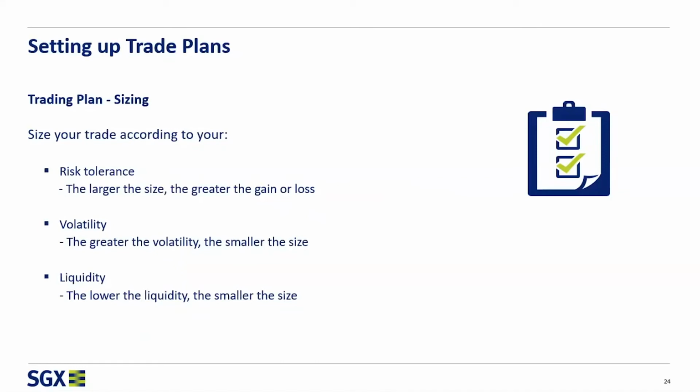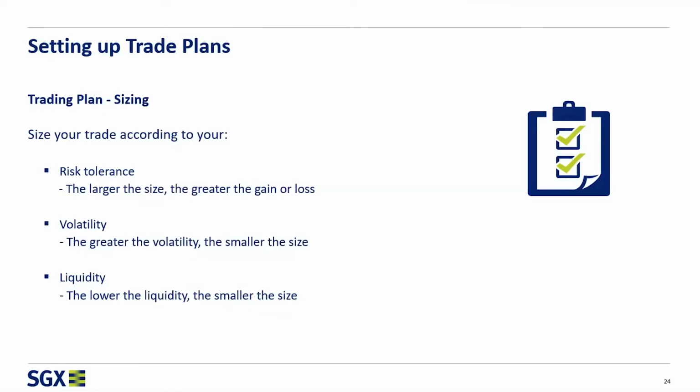Because let's say I buy 10,000 shares every time, and the stocks that I choose tick by 1 cent every time, then I can tell myself every time, if I'm wrong, I lose 2 ticks, I always lose the same amount of money. Or every time I earn 5 ticks, I always earn the same amount of money, right?